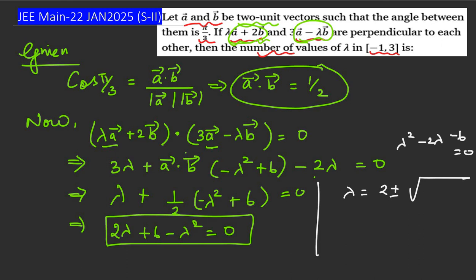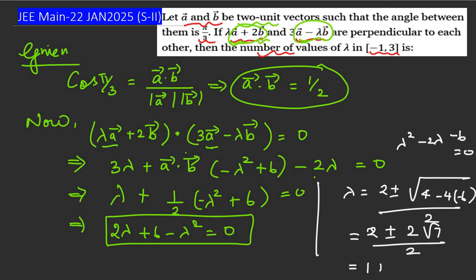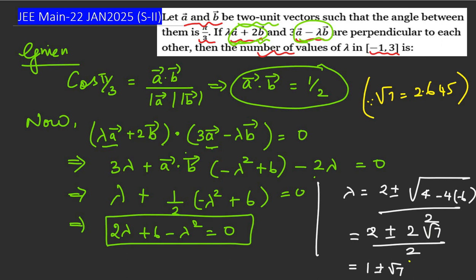So minus b is plus 2, plus or minus root of b squared minus 4ac, that is minus 4 into minus 6, divided by 2. Now lambda is equal to 2 plus or minus 2 root 7 divided by 2, which is equal to 1 plus or minus root of 7. Root 7 is approximately 2.645.